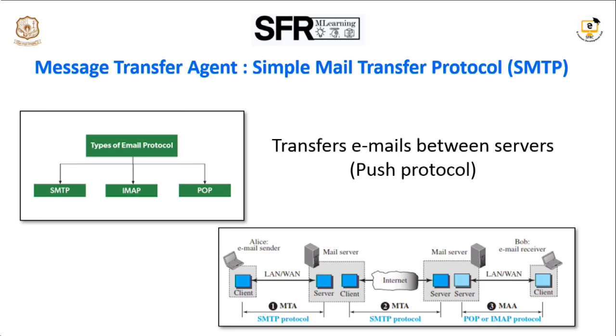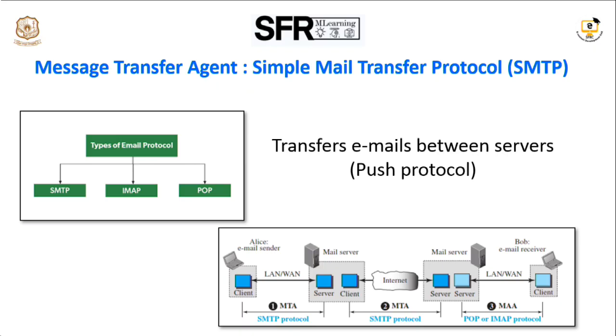Therefore, at the sender side we are using the SMTP protocol, and at the receiver end we are using the POP protocol. This is the architecture of how we are sending mails by using these protocols: SMTP, POP and IMAP. It is in 3 phases or 3 stages. First, the client at the user agent prepares the message via the SMTP protocol.